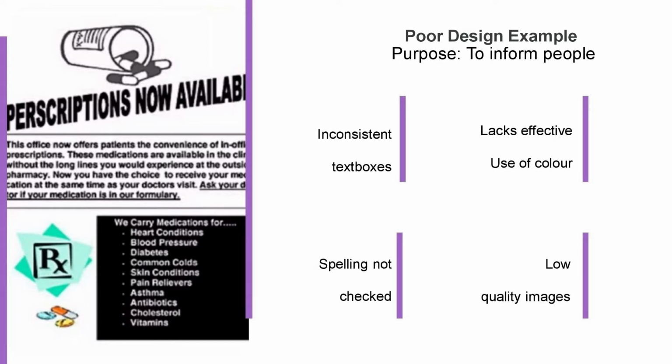It's just a little bit in the corner. And when your keyword prescriptions is spelt incorrectly, you're going to worry about the rest of the information this poster is providing. So the spelling wasn't checked. Both of these posters could have been produced within PowerPoint quite effectively.